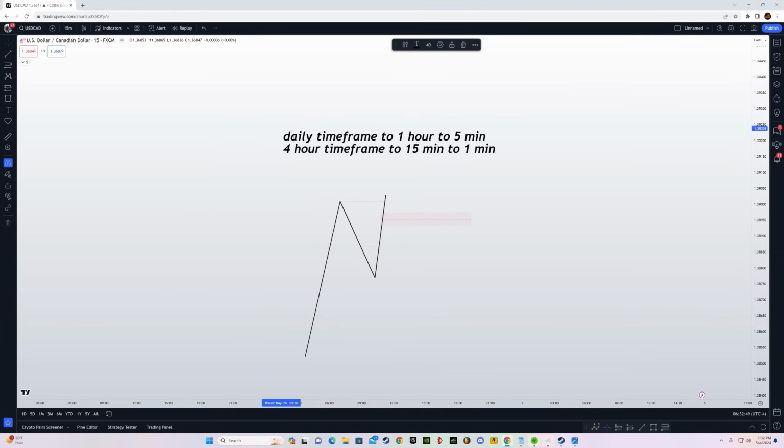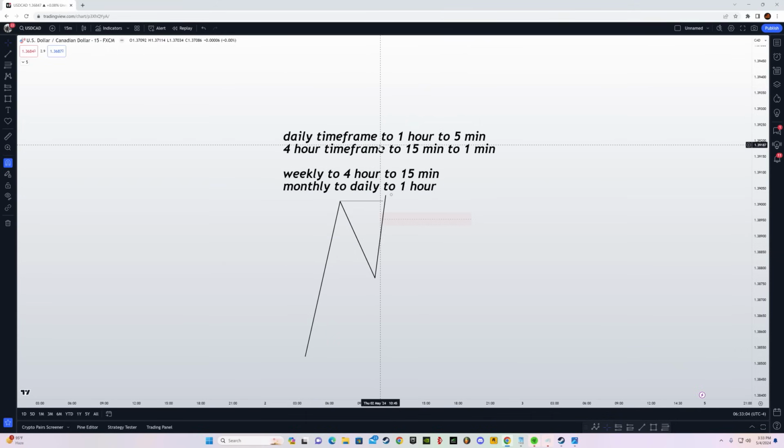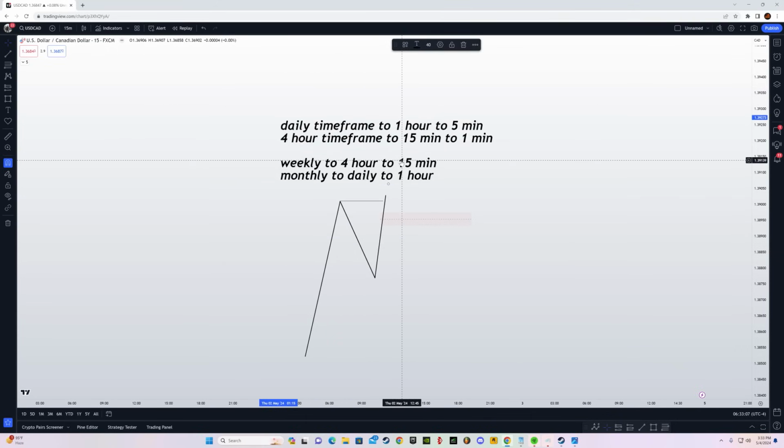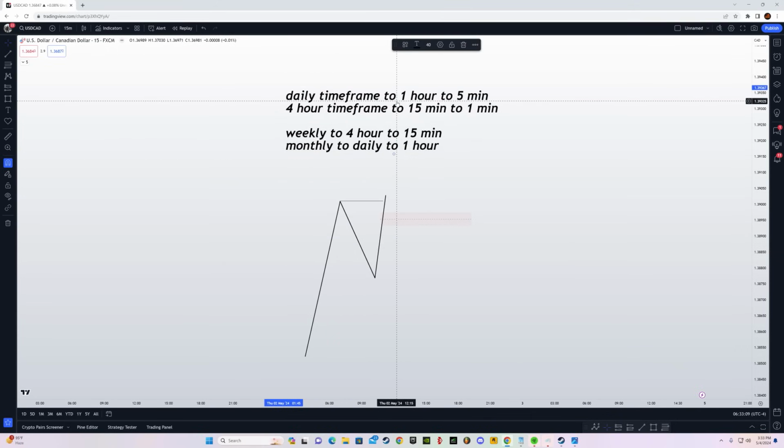For swing traders, we go from weekly to 4 hour to 15 minute. And for swing traders, we go from monthly to daily to 1 hour. Make sure you keep these in your mind when you're looking to do top-down analysis. That's what you should be doing.